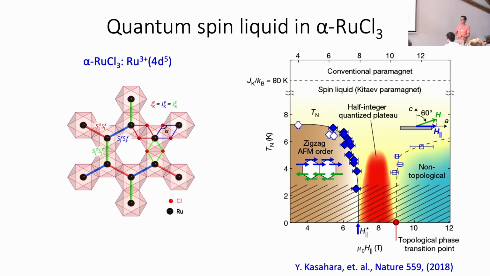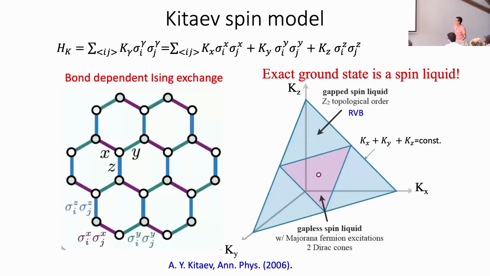So we have been interested in seeing what happens when we add some other ingredients to the Kitaev model, and how the Kitaev spin liquid would be modified by these other contributions, and whether we may have some other type of quantum spin liquid. Okay, so in order to do this, I need to at least revise very briefly the Kitaev spin model.